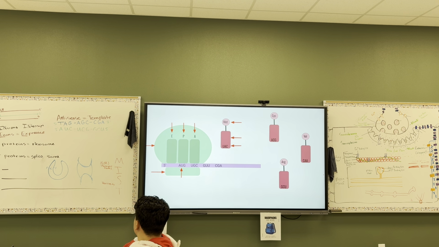So if the codon is AUG, what should the anticodon be? Which should be which one? This one right here, Met. Okay, and what is it going to do? Is it going to stay within the cytoplasm? No, it's going to attach to the what site?